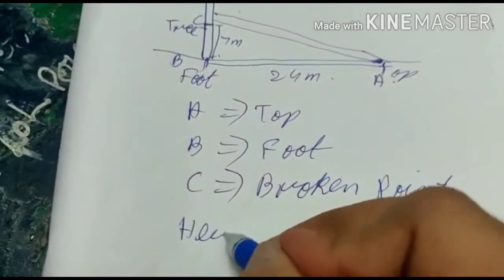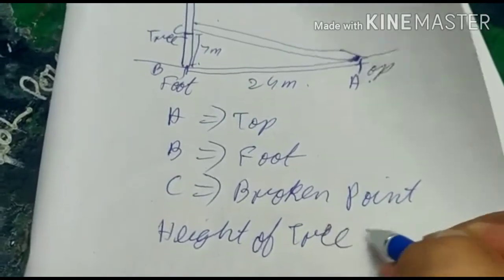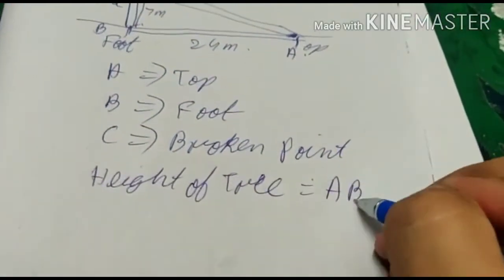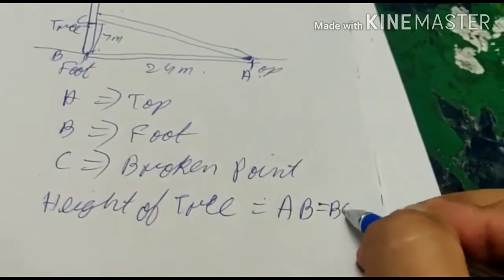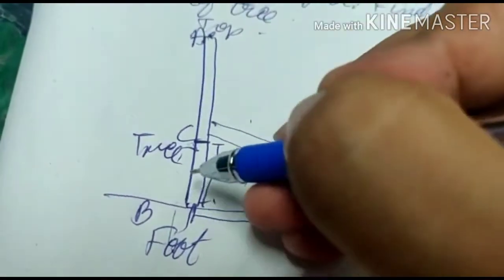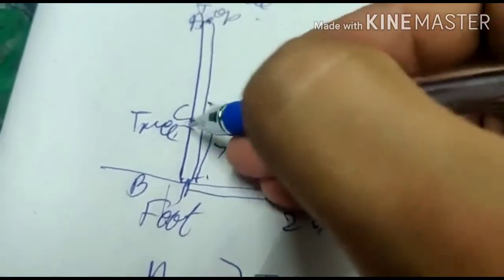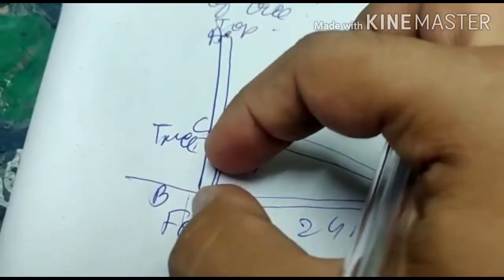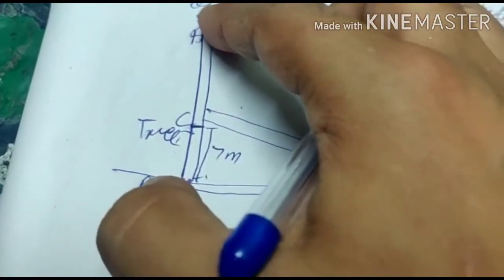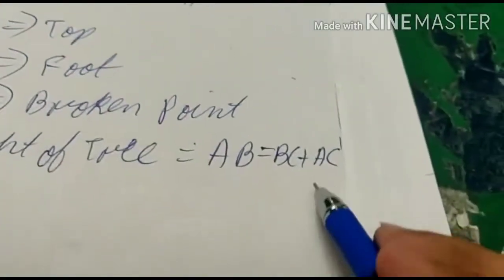So the height of the tree is AB, and that equals BC plus AC. If we add these two portions, it will give the total height of the tree. So this above part has fallen down. So if we calculate this part and add BC, look, AC is unknown.